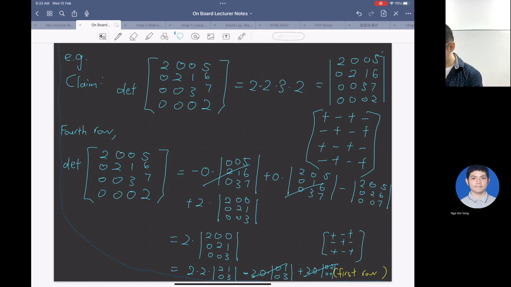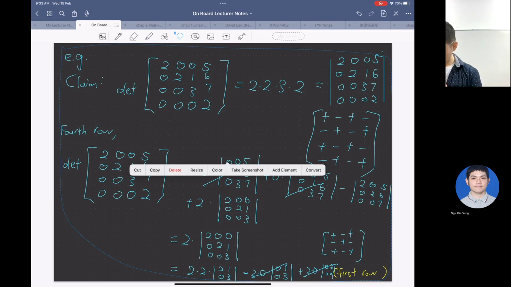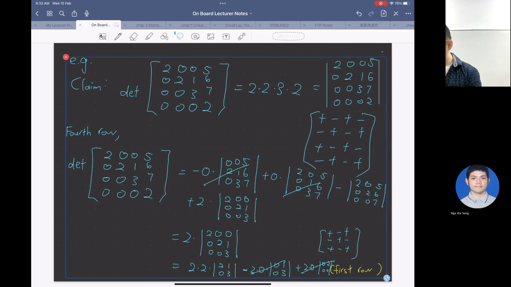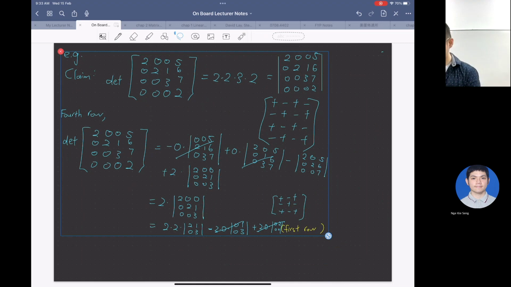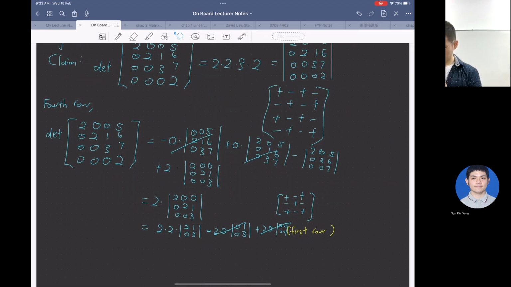So until now, you are left with a 2 by 2 matrix, and you should be happy because you know how to compute the determinant of a 2 by 2 matrix. So what do you get? You get 2 times 2 times 2 times 3 plus 1 times 0. So what's surviving here is 2 times 3.